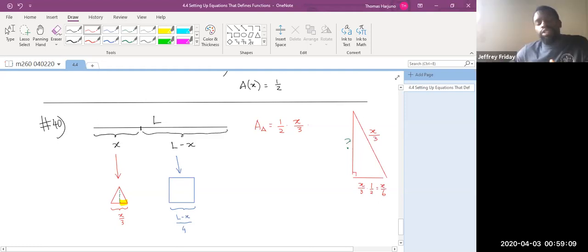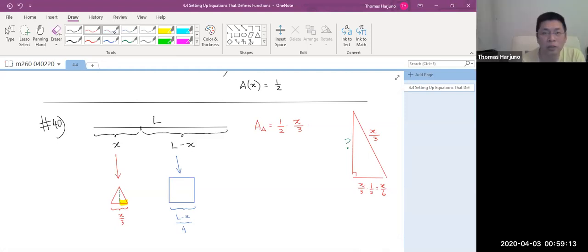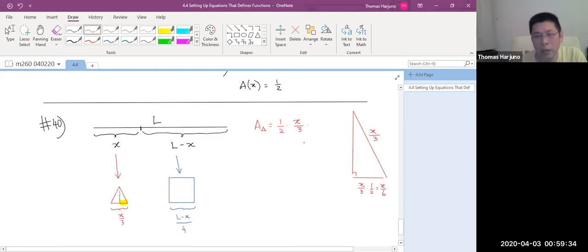Oh, I know what it is. 30, 60, 90. That's actually going back to that 30, 60, 90 triangle again. If you happen to remember the ratio, you will see that in a 30, 60 degree triangle, if the shortest side is 1, in this case x over 6, then this side here will be square root of 3 times that.